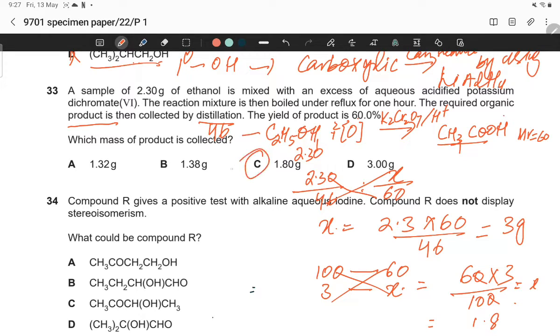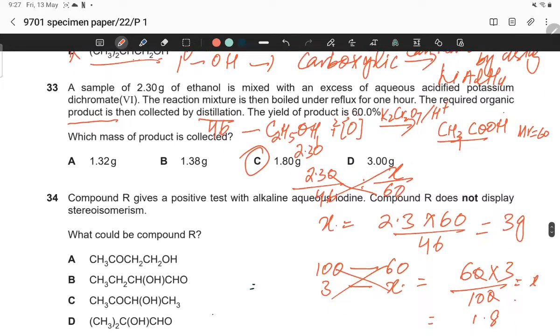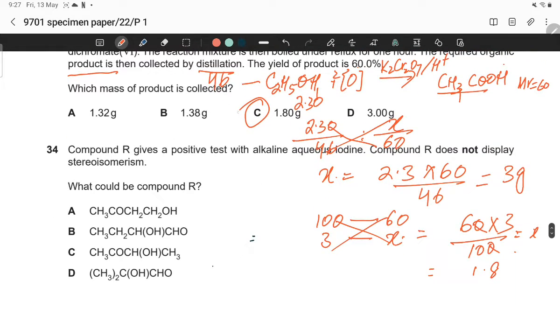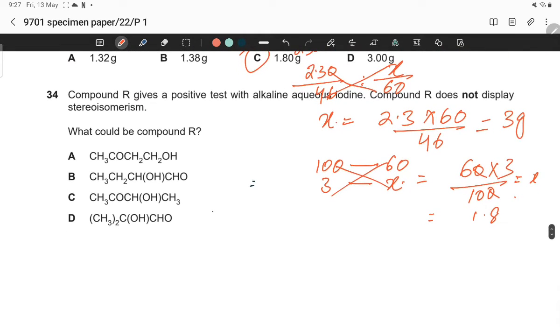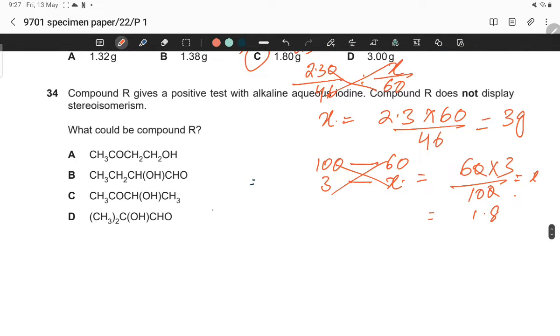So 1.80 gram is the correct option. Is it clear?